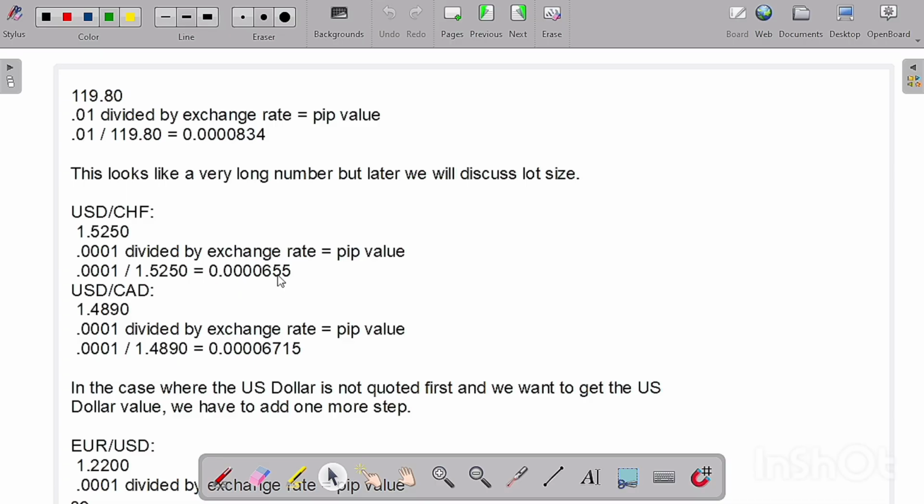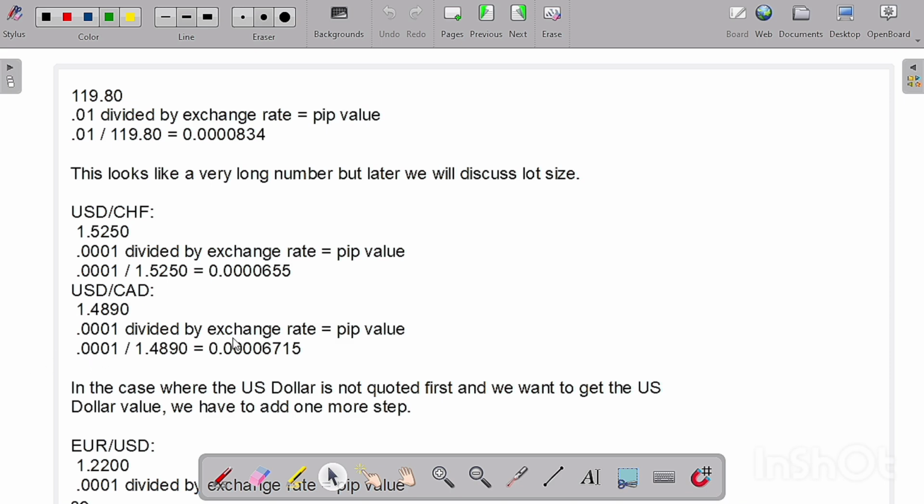Take something like USD CAD. We know how to read these currencies. Now I'm talking about US dollar versus Canadian dollar. So maybe it is trading at 1.4890. How many decimals do you have? You have 4 decimal places, so you divide by the exchange rate and you find the pip value.